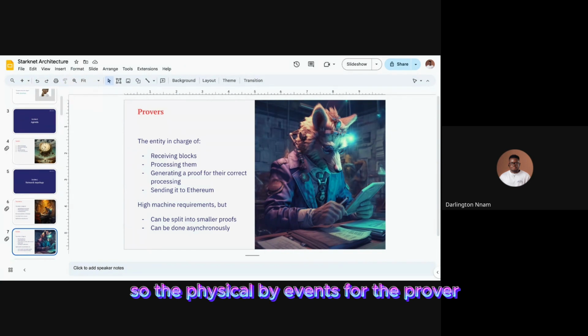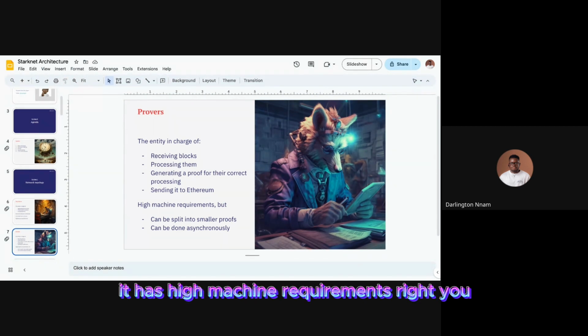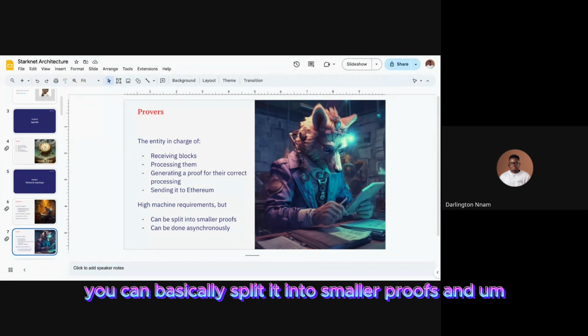The basic requirement for the prover is high machine requirements: you need a lot of processing power, but you can split the work into smaller proofs, and this can be done asynchronously.